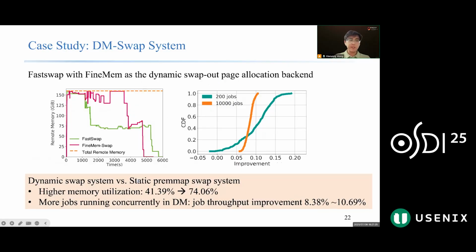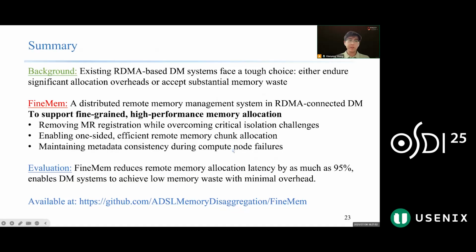With fine-grained page allocation compared to static pre-mapped swap systems, FineMem improves memory utilization to around 70%, allowing more jobs to run concurrently in the disaggregated memory, so that the job throughput increases by about 8%.